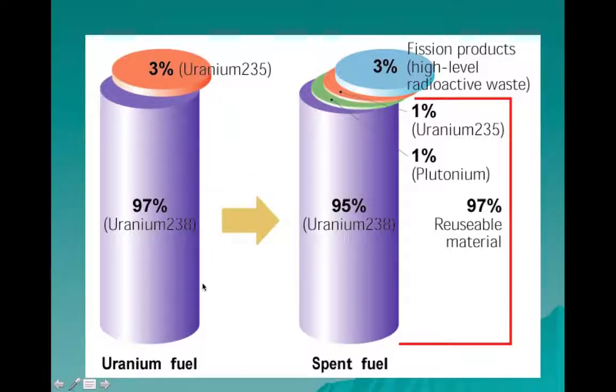So after it's used, you get this concentration. The 3% uranium-235 changes into these products that are also highly radioactive, which is what I mentioned before. They're not uranium anymore. And then this 97% becomes usable.